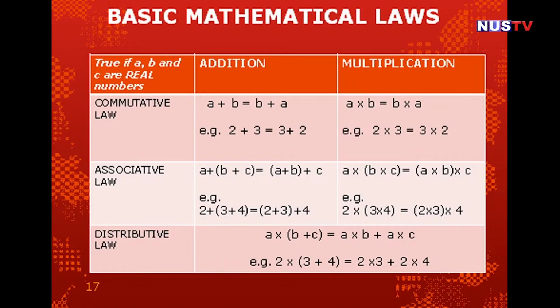So it's a simple example there. 2 times (3 times 4) is the same as (2 times 3) times 4, because both sides would be equal to 14, right? 3 times 4 is 12. Not 14. 3 times 4 is 12, times 2 is 24. And the other side, 2 times 3 is 6, times 4 is also 24.